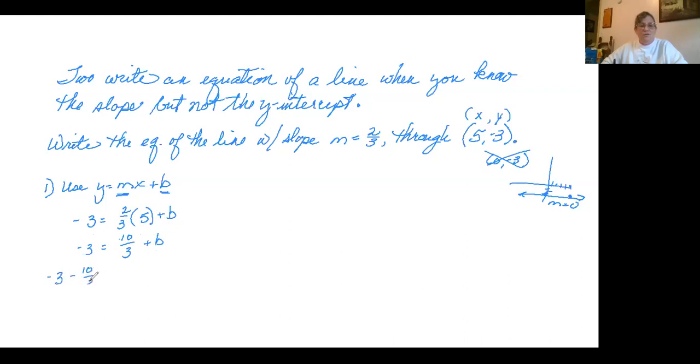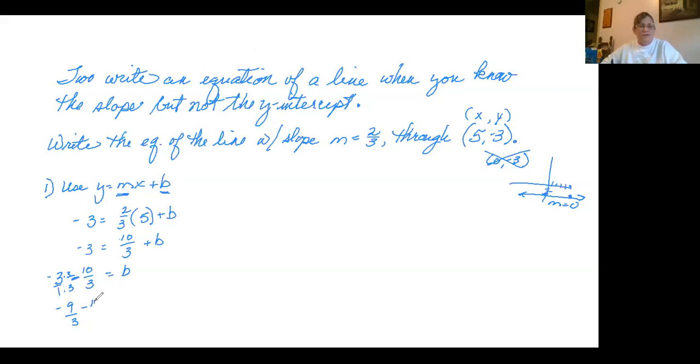-3 minus 10/3 is b. This is over 1. I've got to get a common denominator to add these, which would be 3. So this would become minus 9/3. Sorry, I lost my minus here.